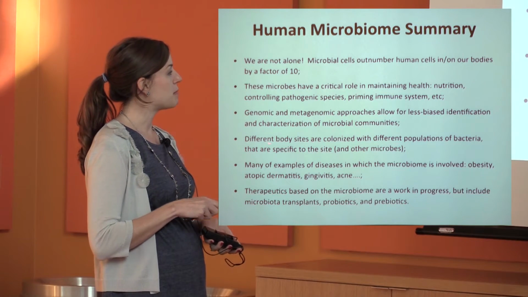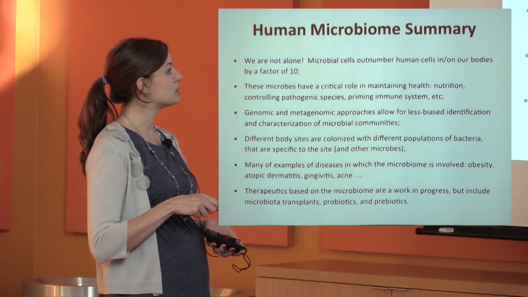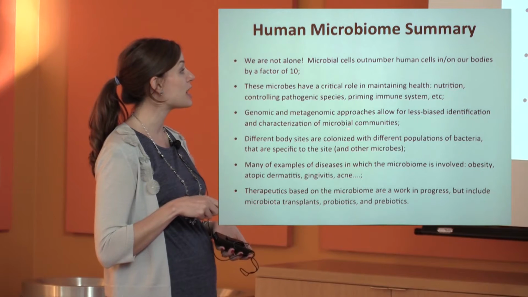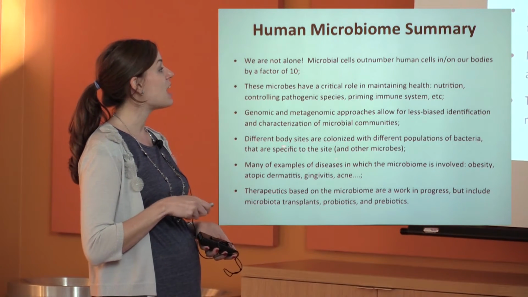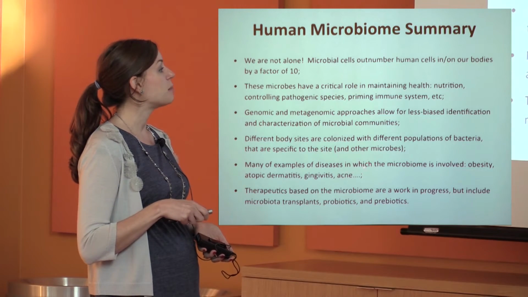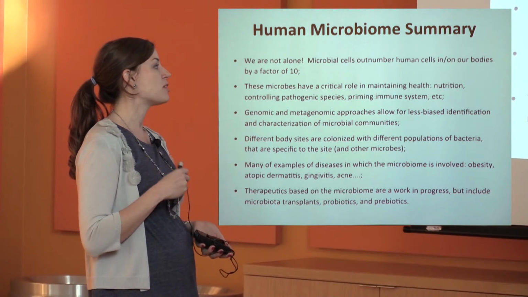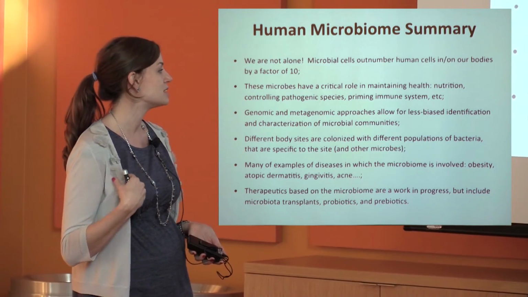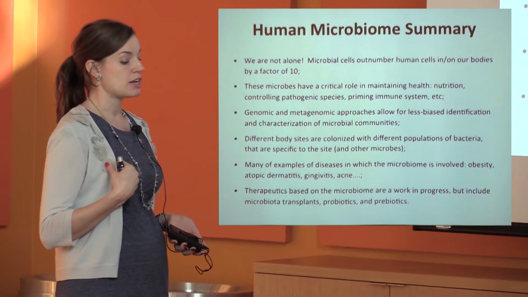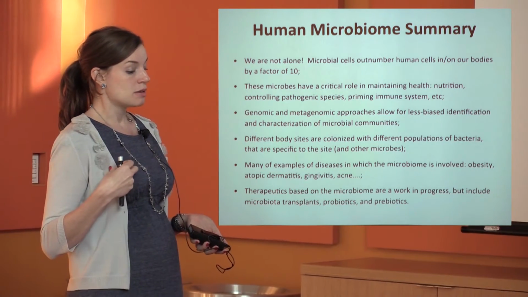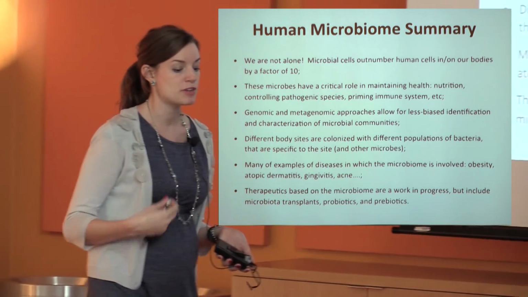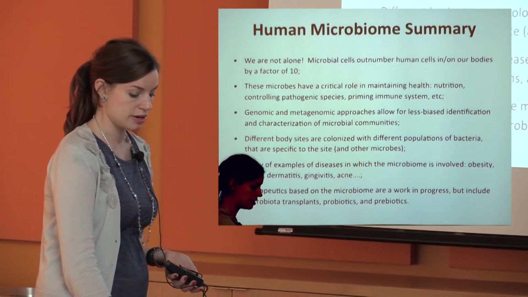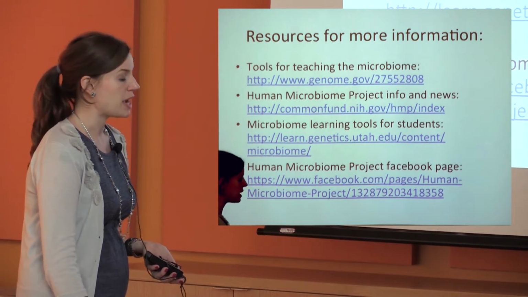We talked a little bit about these approaches we use for identifying microbial communities, the different body sites that are colonized, and some examples of disease in which the microbiome's involved. And finally, the therapeutics that are mostly a work in progress at this point, but in the future I think we will see more based on the microbiome.